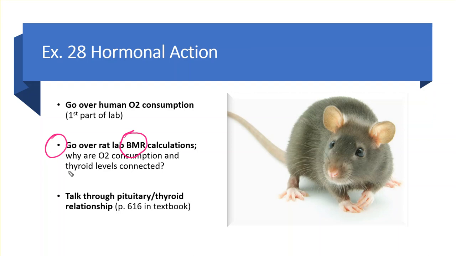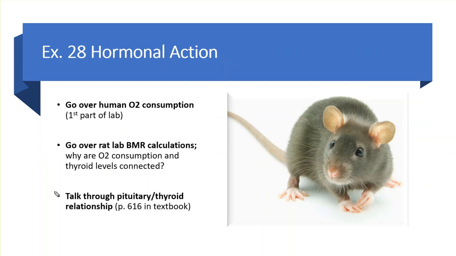Basal metabolic rate is a really good way to infer the health, or the activity, of your thyroid, because your thyroid is in charge of regulating your metabolism. So if we can calculate a basal metabolic rate, we can draw some conclusions about thyroid production.